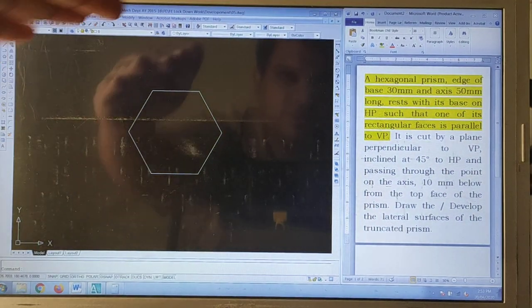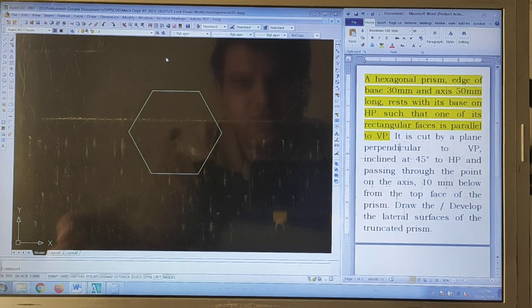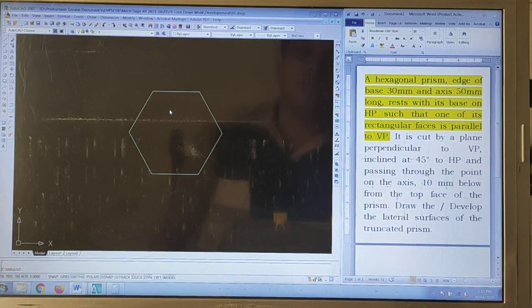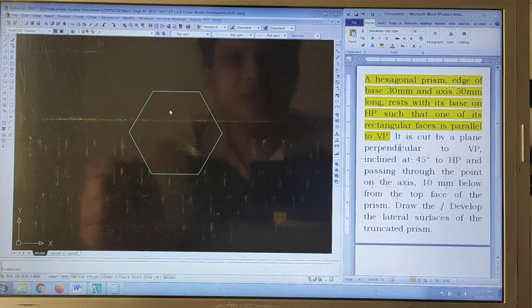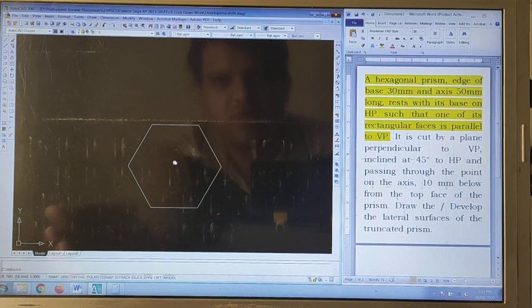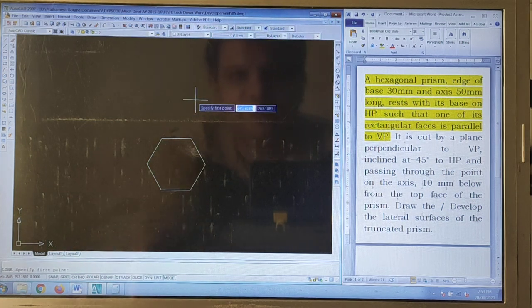Now if this is the VP, then one of its rectangular faces is parallel to the VP. So whatever initial position we have considered for this problem is correct. And as this is a prism, no need to draw the intersection lines. So base we have drawn, now we need to draw its front view.